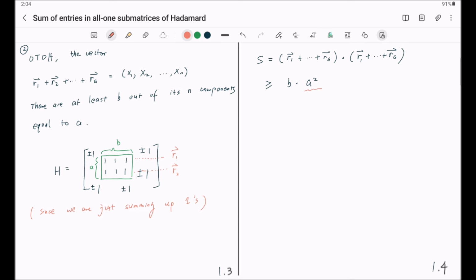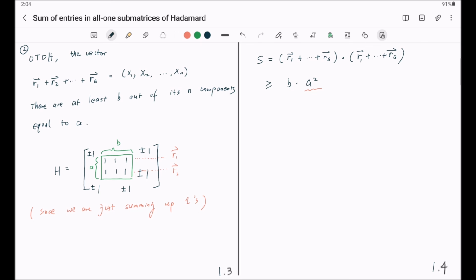A squared comes from, when you take this dot product, the components whose value are equal to A will be squared. So there should be an A squared, not just A.